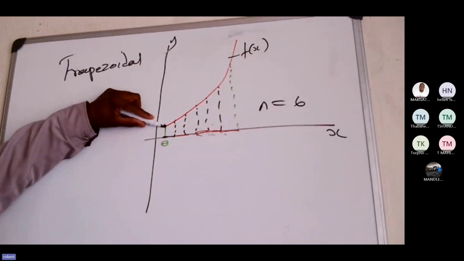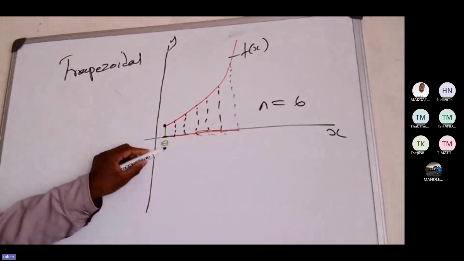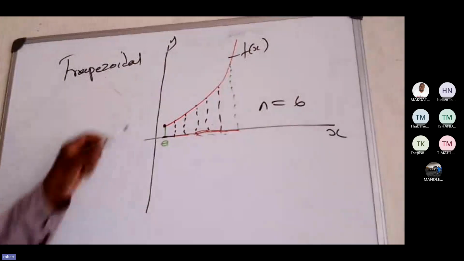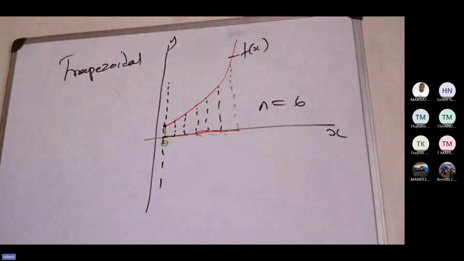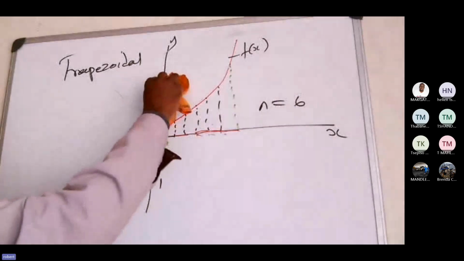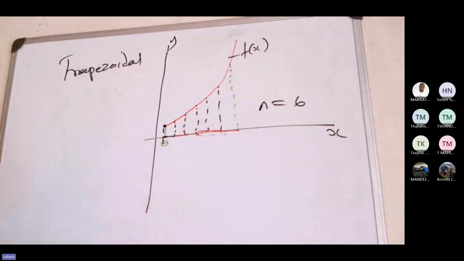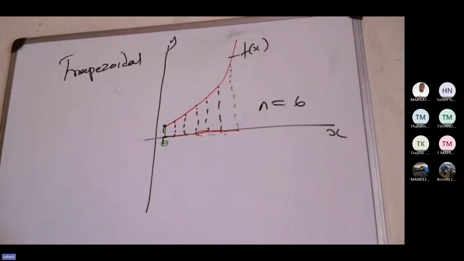X here is A. Because if this is A, then it means this vertical line is given by X equal to A. But now, the question is, what about Y on this graph here?